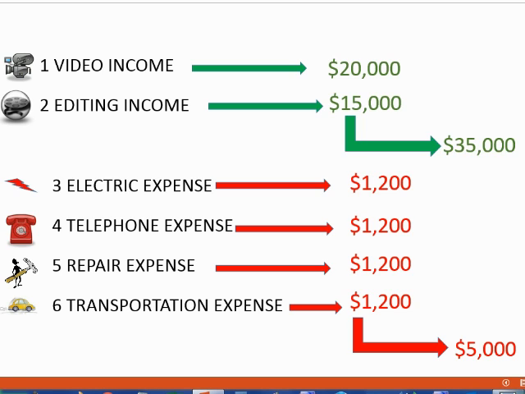That means that we now have an explanation as to why the total money that Holden made in the business was $30,000.